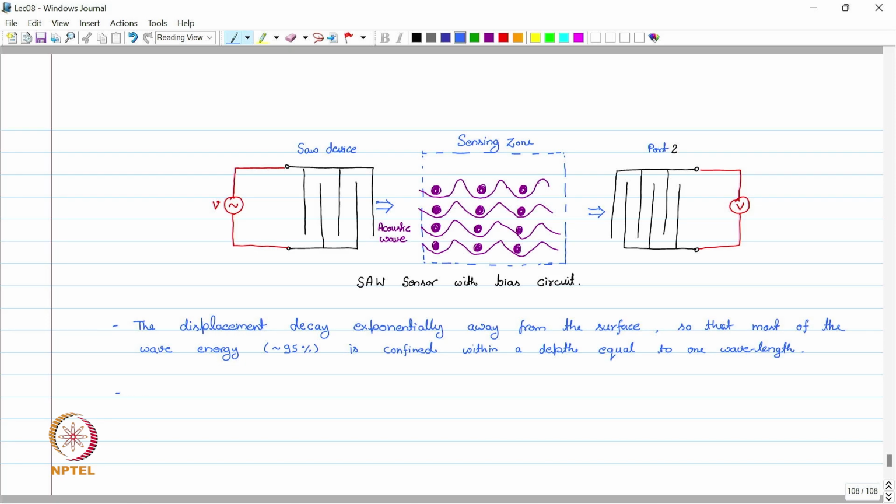The width of the electrodes is usually equal to the width of IDT gaps.